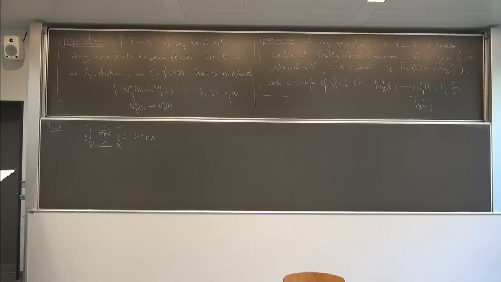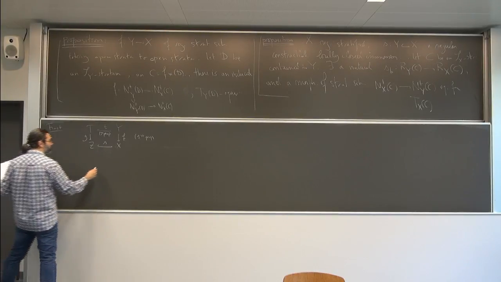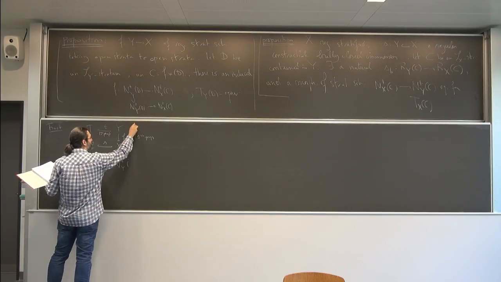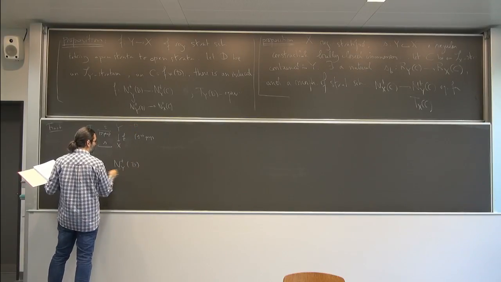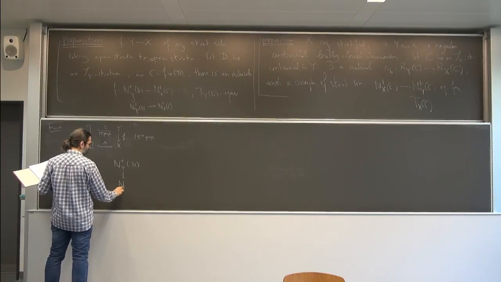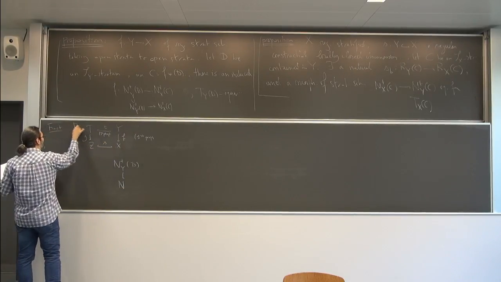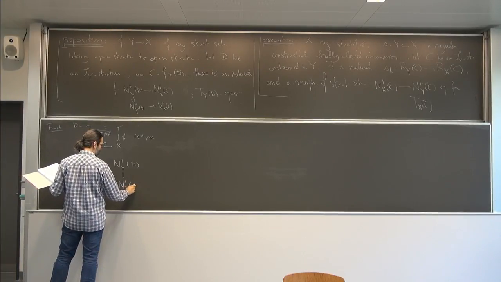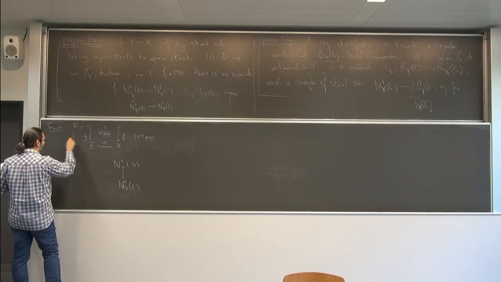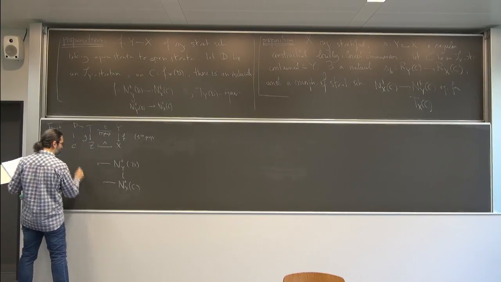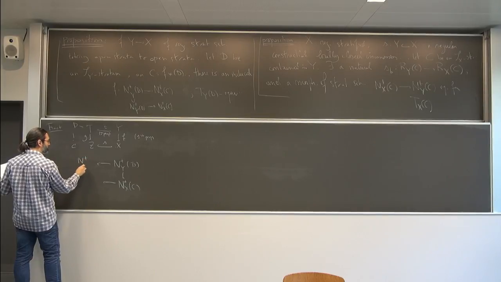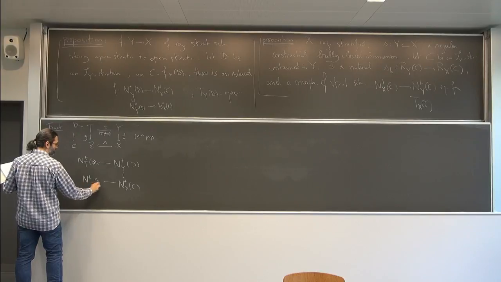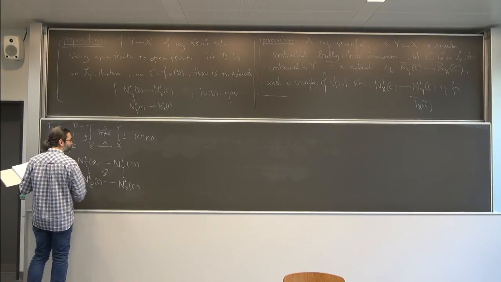And so then you have an induced square. You take a stratum here, its image here, and you get this square, and this square is commutative.